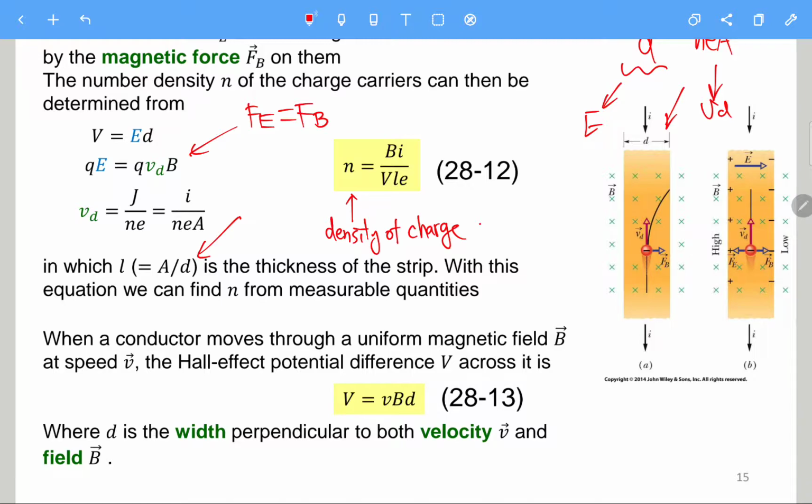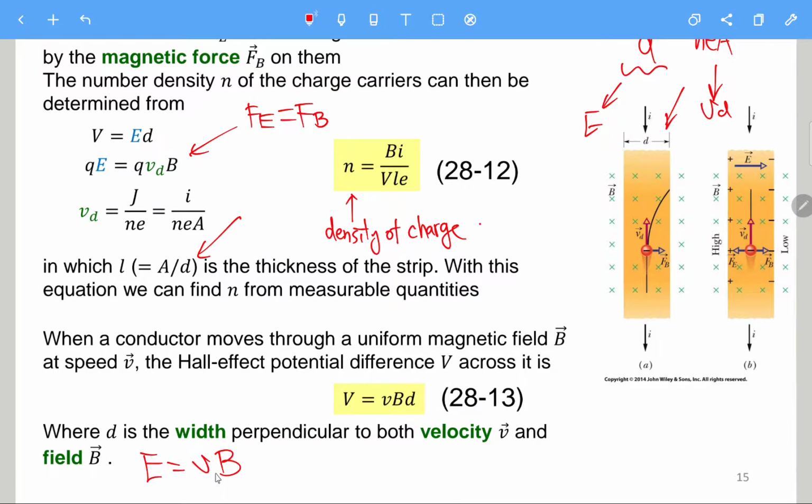And we can also determine that V is VBD, because here we have E equals VB.